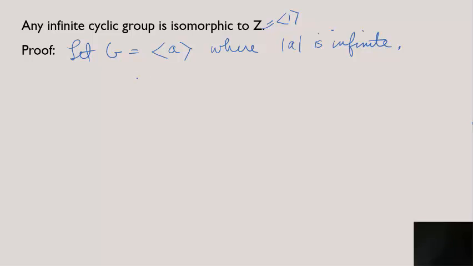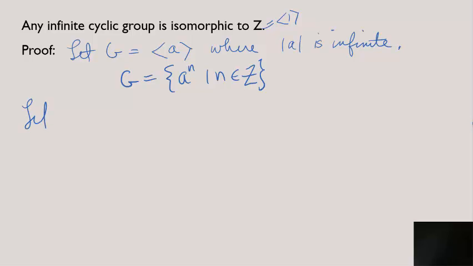So let's write this another way. G is equal to the set of all A to the n, n in Z. And all of those powers of A, remember, are distinct. If A has infinite order, then all powers are distinct. We proved that. All right, I see a natural mapping.